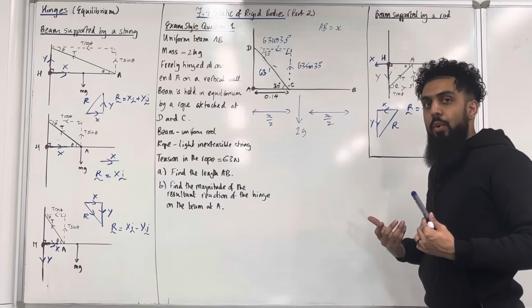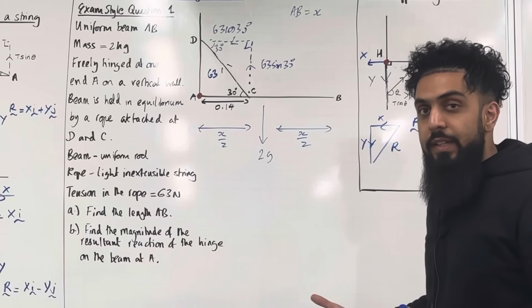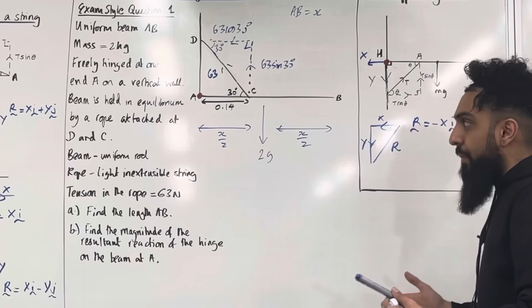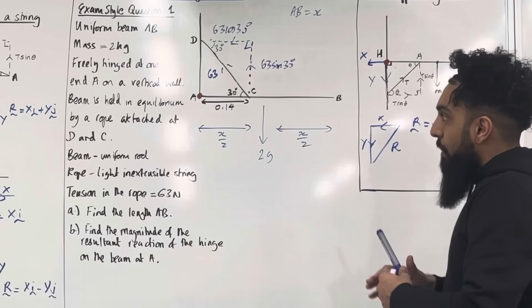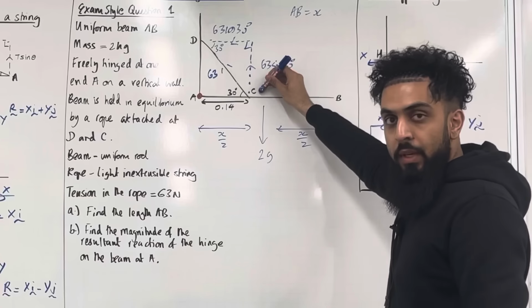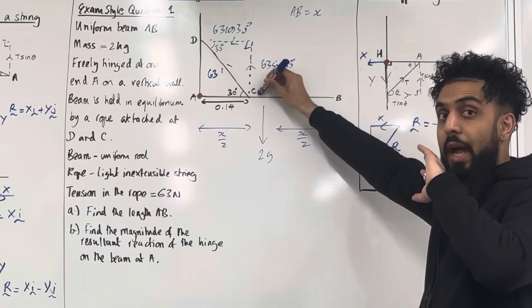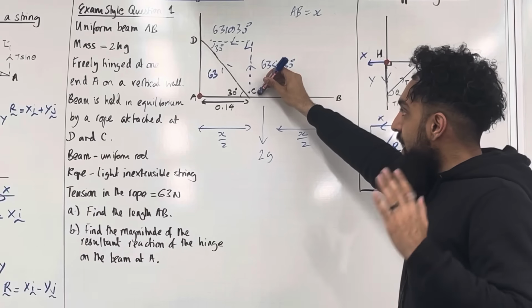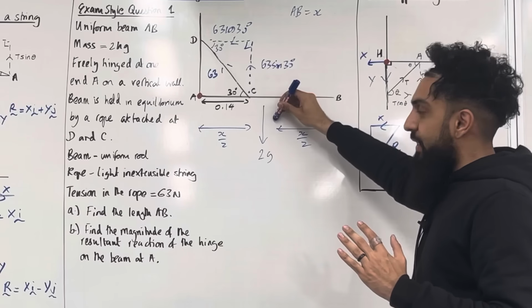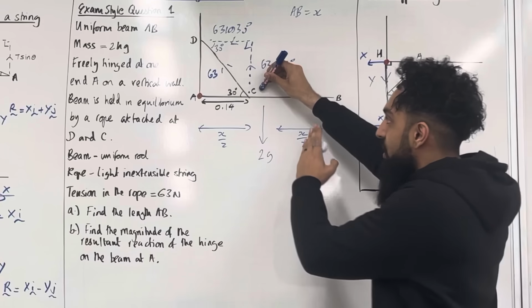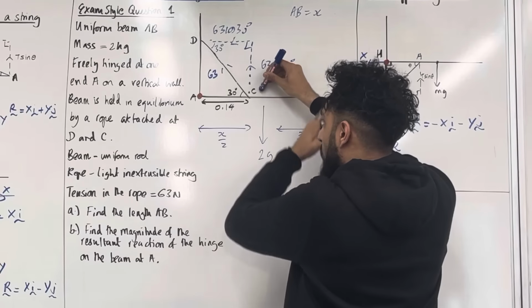Now we need to label the component forces for the reaction force released by the hinge on the beam. So we will take moments about the point C. If we take moments about the point C, all the forces coming out of C are now neglected. So the only vertical force that I can see is the 2g. So if I hold on to the point C, the 2g is going to take the whole body clockwise.